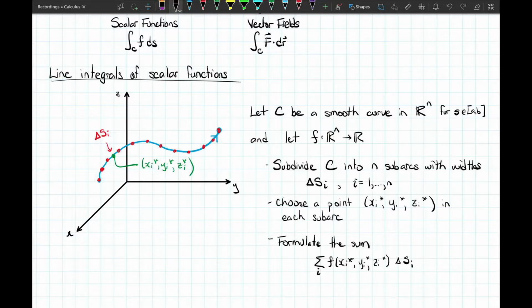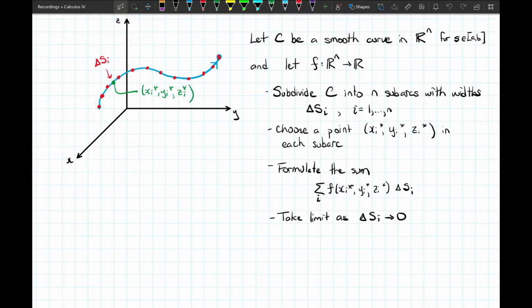The sum over all i of f of this arbitrary point (x_i star, y_i star, z_i star) multiplied by delta s_i. And we can then make each of these sub-arcs get smaller and take the limit as delta s_i, all of them, go to 0. And what we end up with is the definition of a line integral of a scalar function.